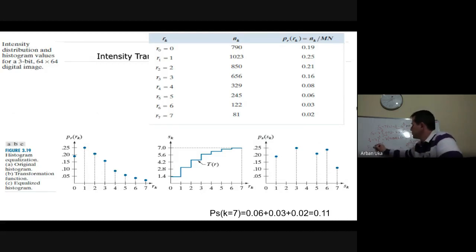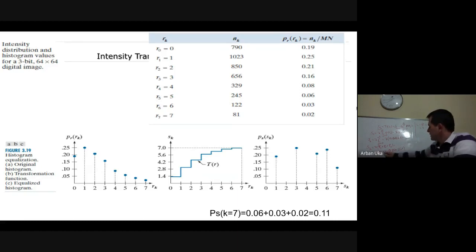The same story goes again. So S2 is going to be equal to 7 times the probability for the value of 0, plus the probability for the value of 1, plus the probability for the value of 2. So this will be equal to 7 times P0, which is 19%, plus P1, 25%, a quarter, plus 0.21.